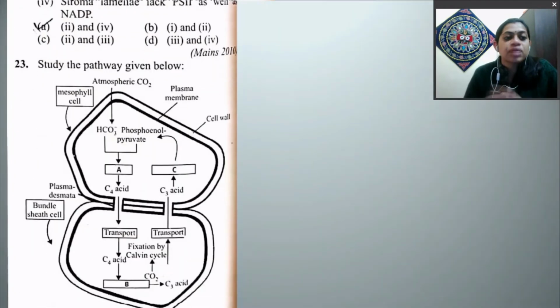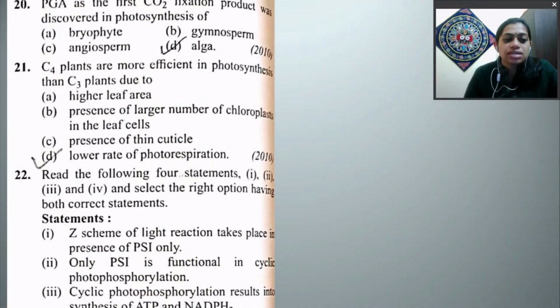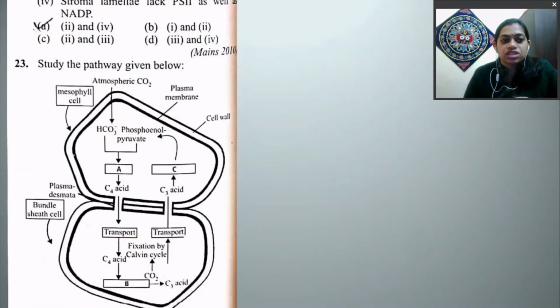This is wrong. Number 4, stroma lamellae lack PS2 as well as NADP. So the right answer will be 2 and 4, where stroma lamellae do not have PS2 and NADP. And number 2 is only PS1 is functional in cyclic photophosphorylation. So this 2 and 4 is right.